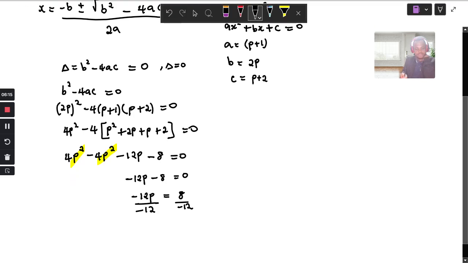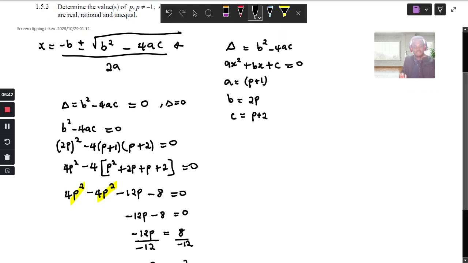So here we are left with p. Which number divides both of the two? That is 4. 4 divides 8 two times, and 4 divides 12 three times. So it becomes −2/3. That is the value of p.